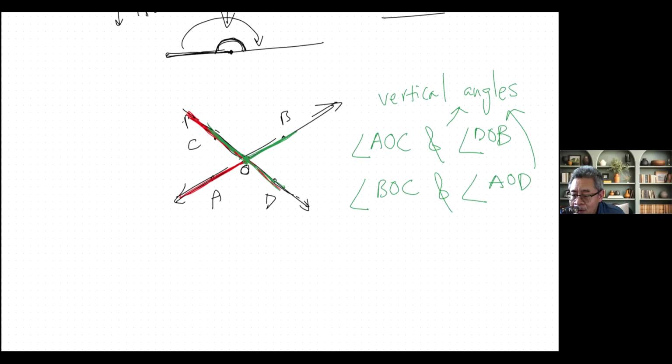So for example, if we have an angle like that, so this is our O, this is our A, this is our B. Then we have another ray here, this is our C. Now, if they make 90 degrees here, that means angle AOB added to angle BOC equals 90 degrees.